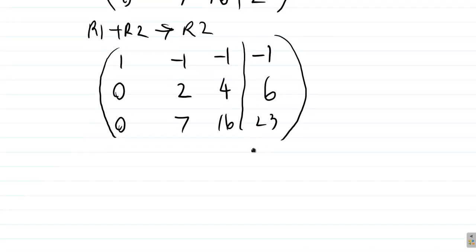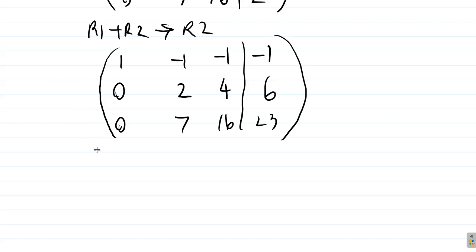Guess what? We can halve row 2. It is rows 2 and 3 that we're going to deal with. We're not going to trouble row 1. But we could halve row 2, with smaller numbers.